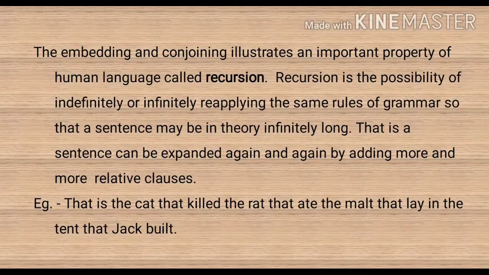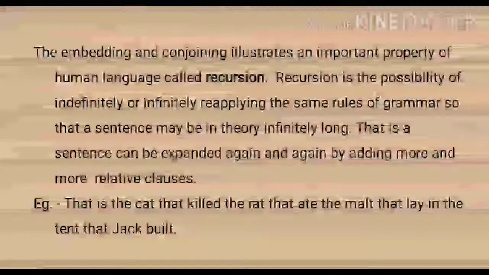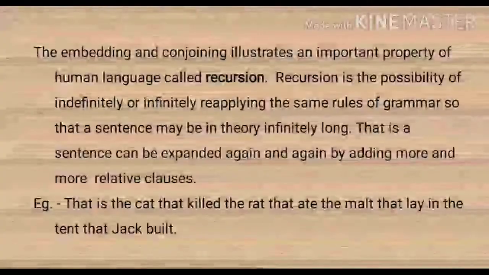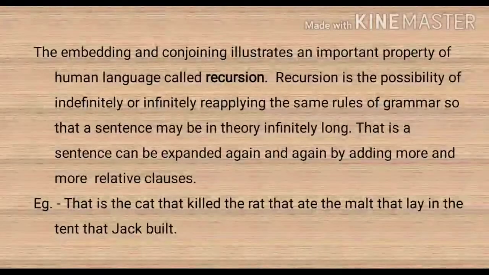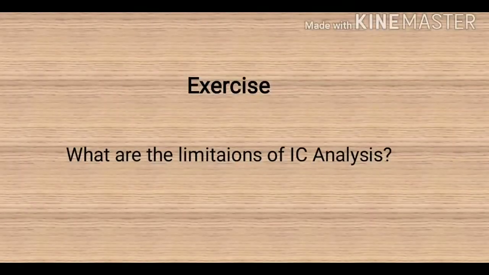That is, a sentence can be expanded again and again by adding more and more relative clauses. For example, that is the cat that killed the rat that ate the malt that lay in the tent that Jack built. In this lecture, we studied the limitations of IC analysis.